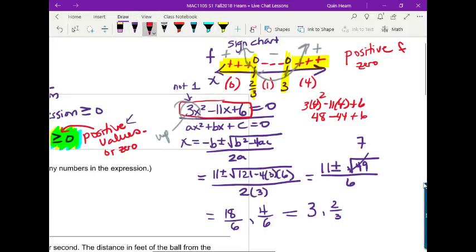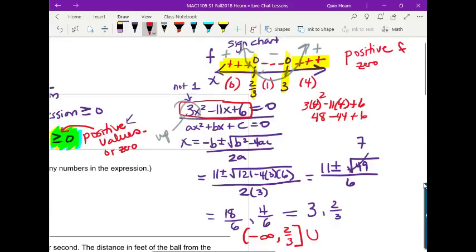So let's translate this into interval notation. So we have all the way to the left forever, so negative infinity. And then it ends at 2/3, and we are including 2/3 because we're including where it equals 0.